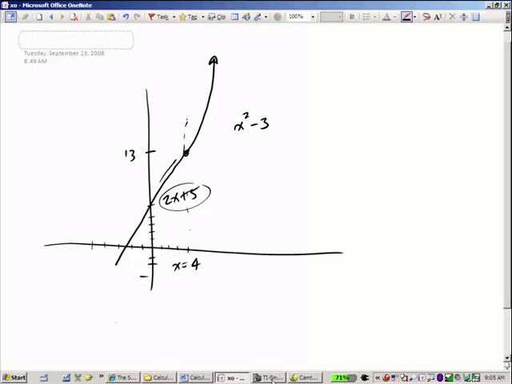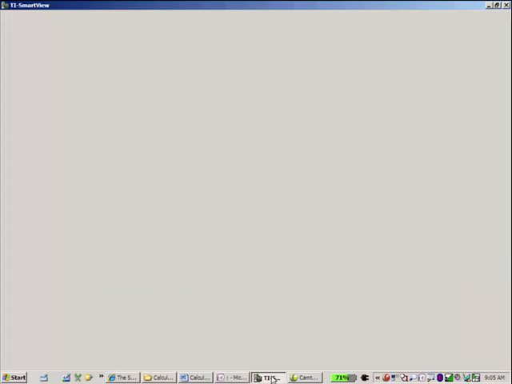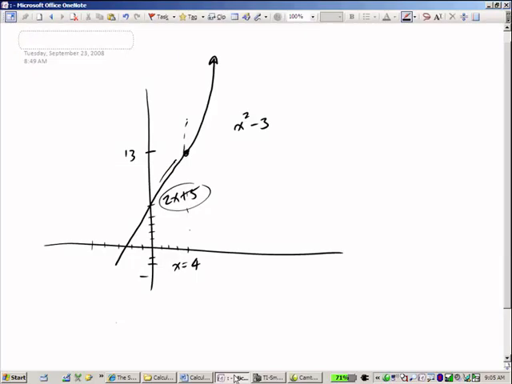How'd you do it, Drew? Well, I figured because x squared is just from the origin going up on both sides, normally it wouldn't intersect 13. But basically, you plug in for x to see the y value on the first equation. So 2 times 4 plus 5, we get 13.